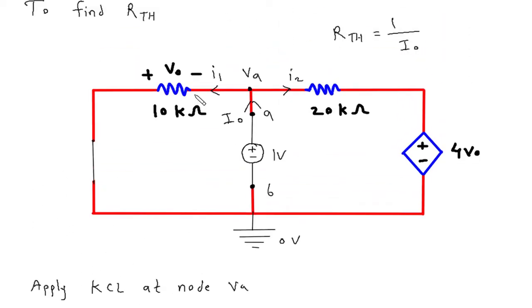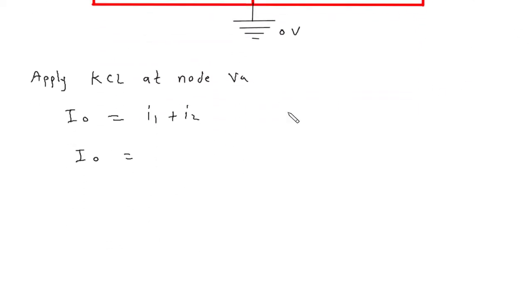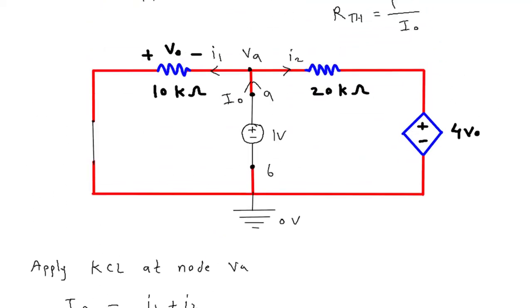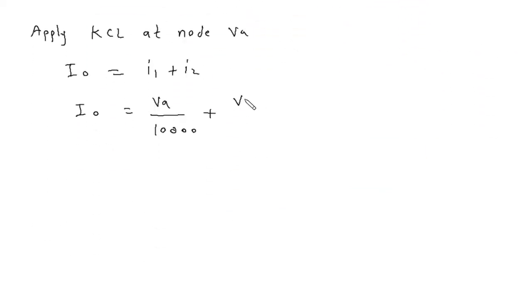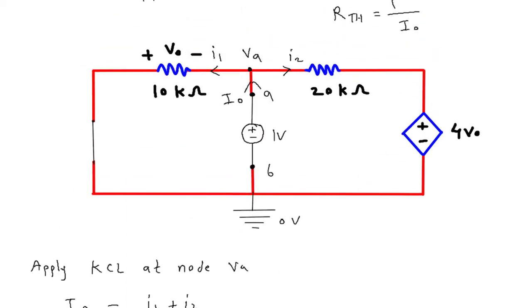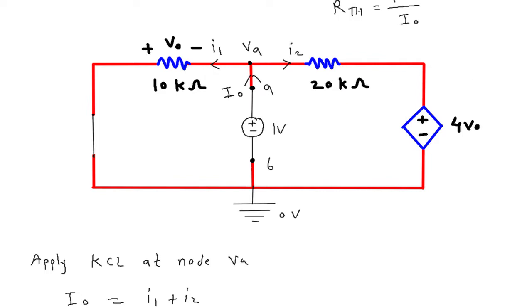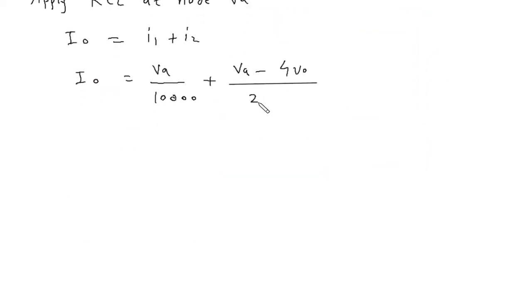Then I1 is VA minus 0 by 10 kilo ohm, that is 10,000, plus I2. Now I2 is VA minus 4VO, divided by 20 kilo ohm. So 20,000.